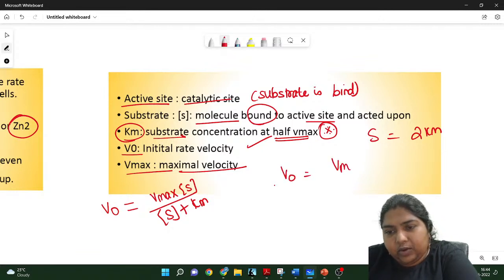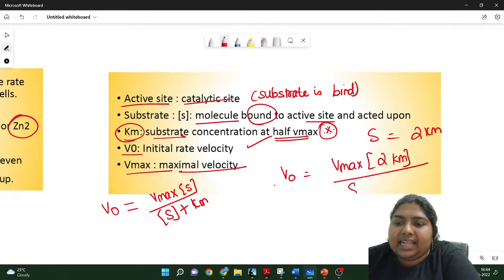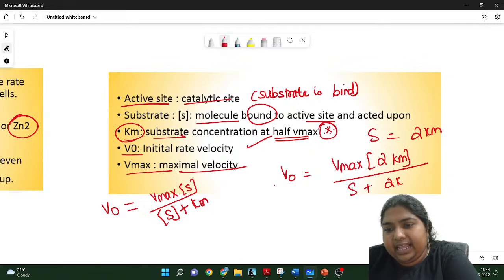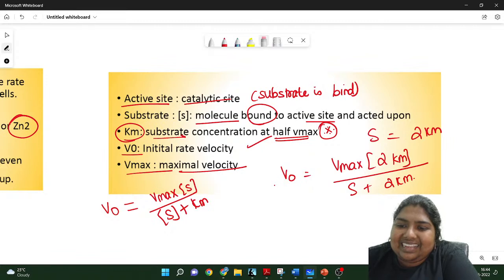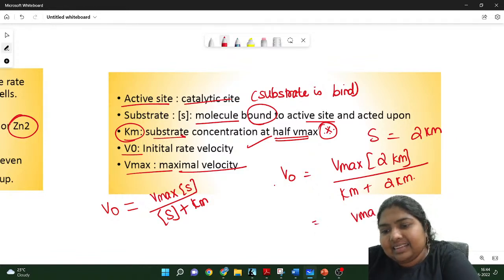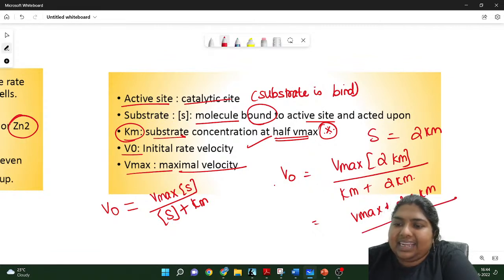So V0 is equal to Vmax into 2 Km divided by Km plus 2 Km. So it is Vmax into 2 Km divided by 3 Km.